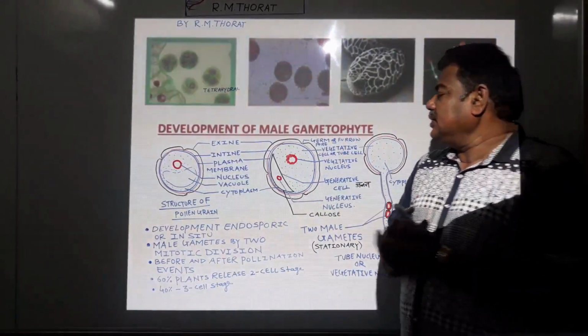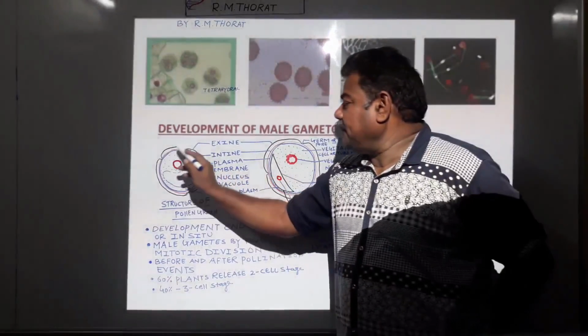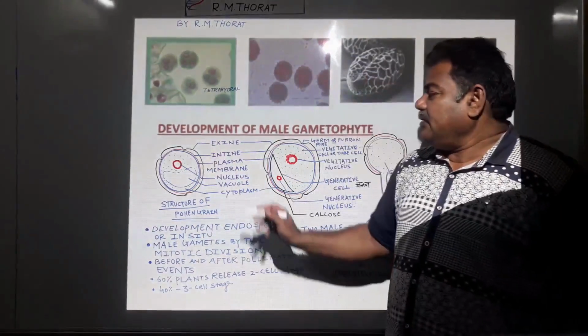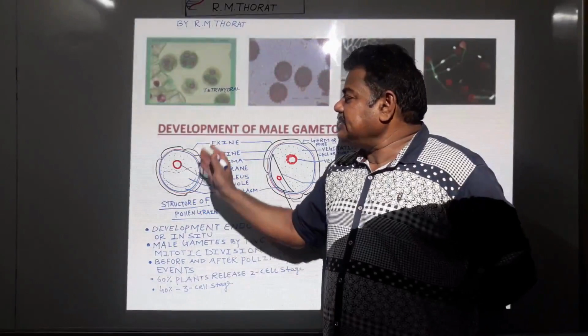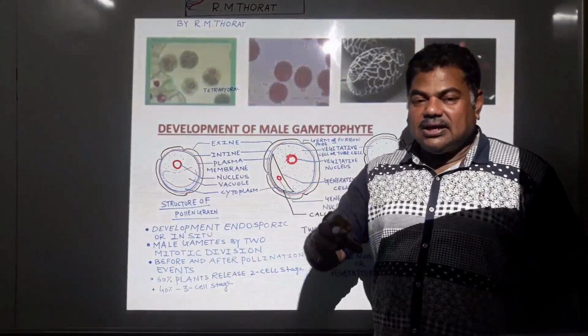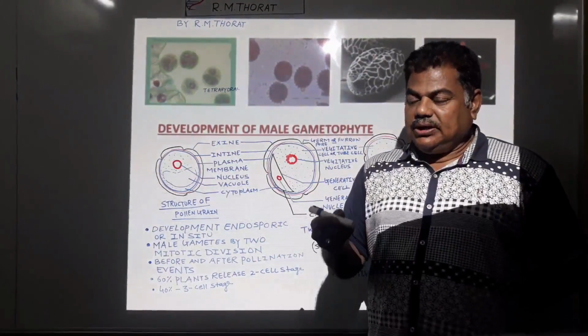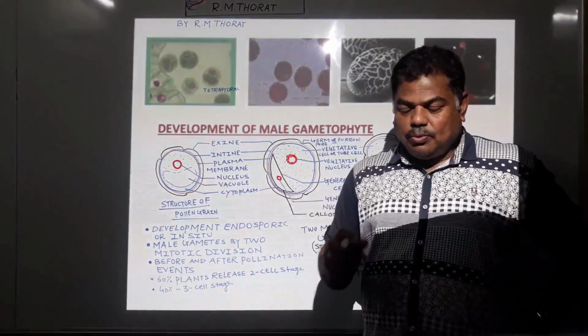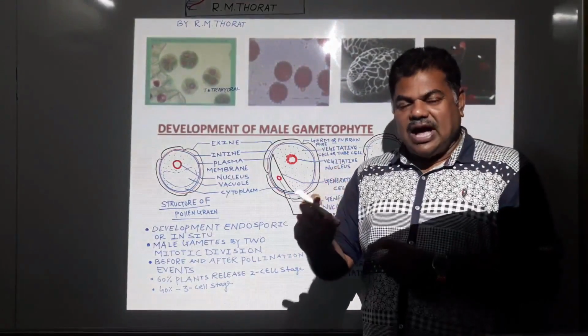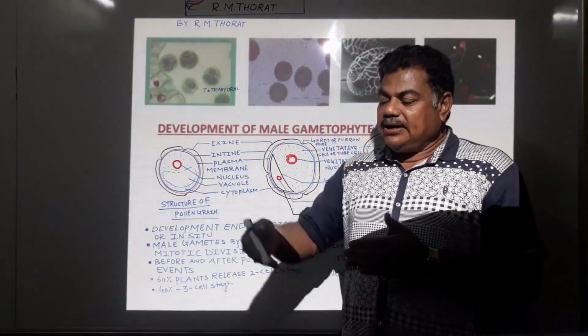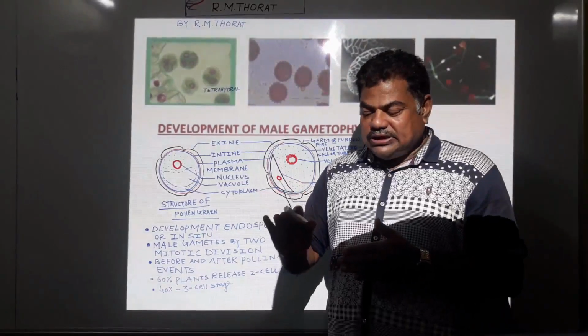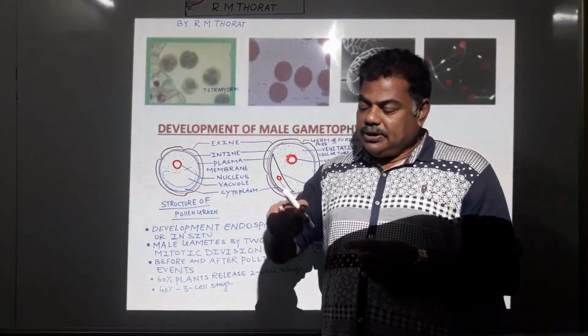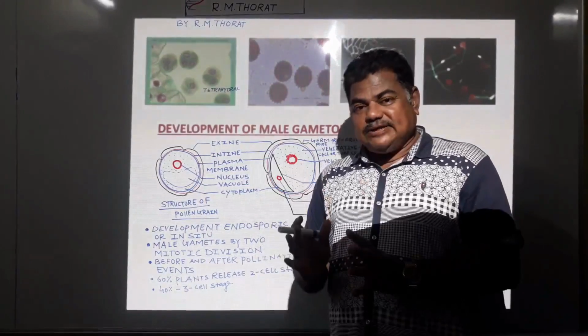It means that the pollen grain is present inside the anther lobe. In each anther lobe two microsporangia are present, and inside one microsporangium the pollen sac is present.